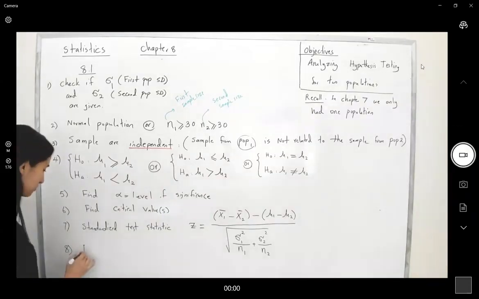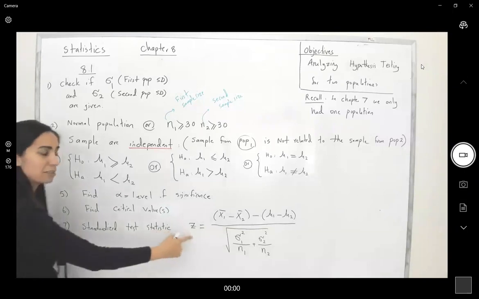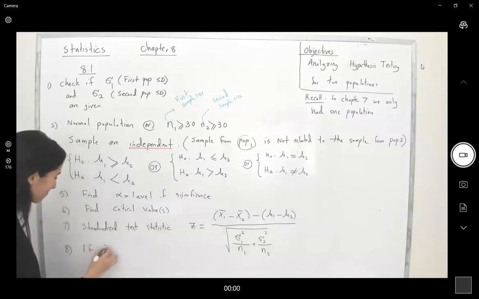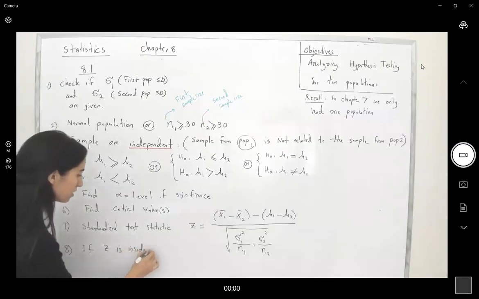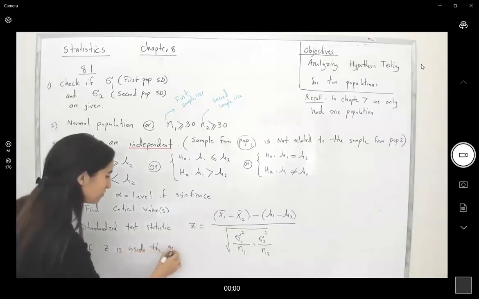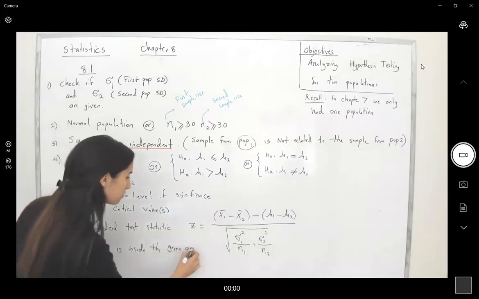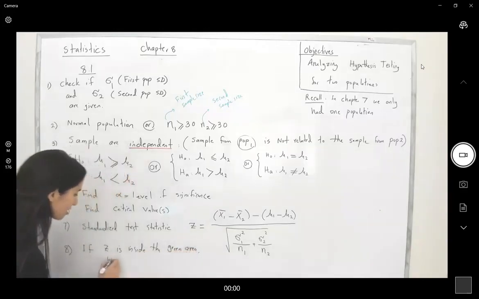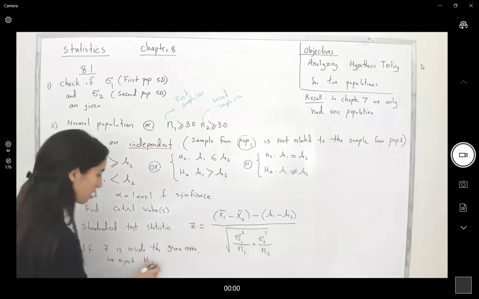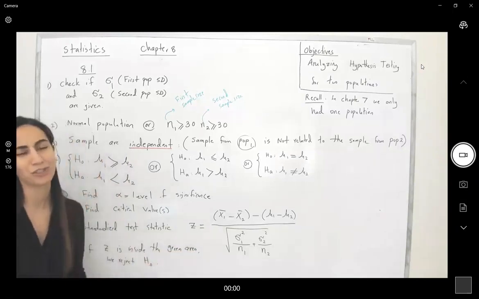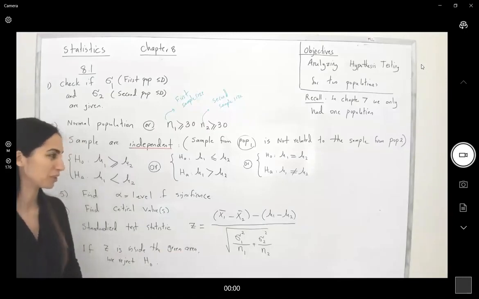If z is inside the green area, we reject the null hypothesis. Otherwise, we fail to reject the null hypothesis.